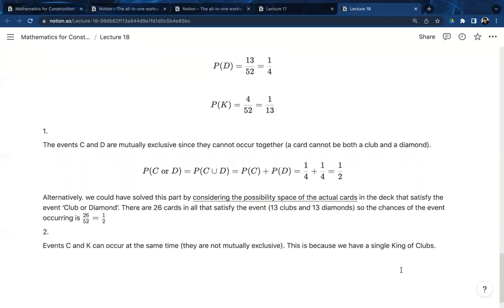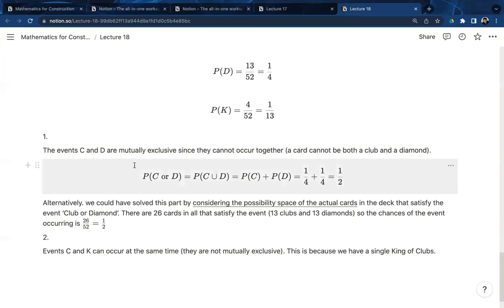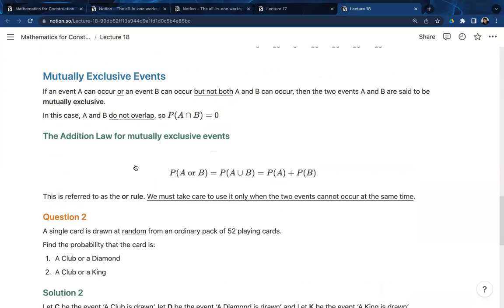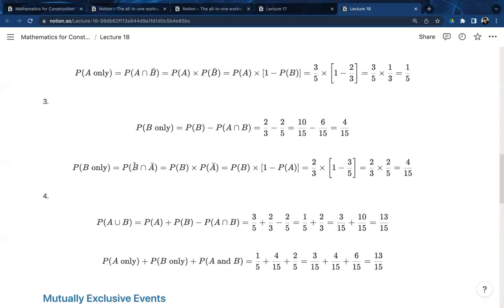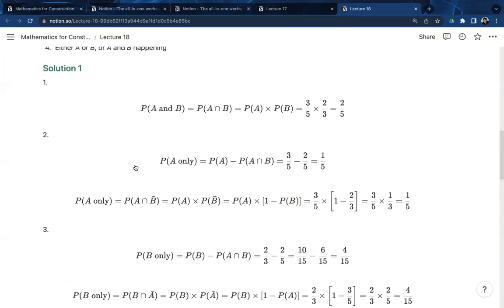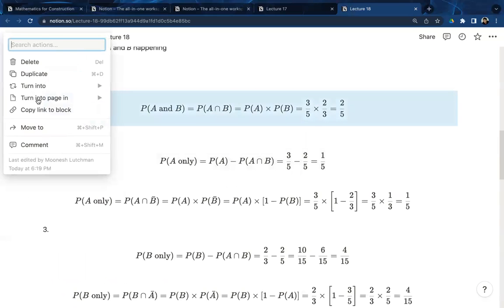Now, without thinking about the actual cards, how could we find this? Intersection is multiplication, right? So I could steal this guy here.